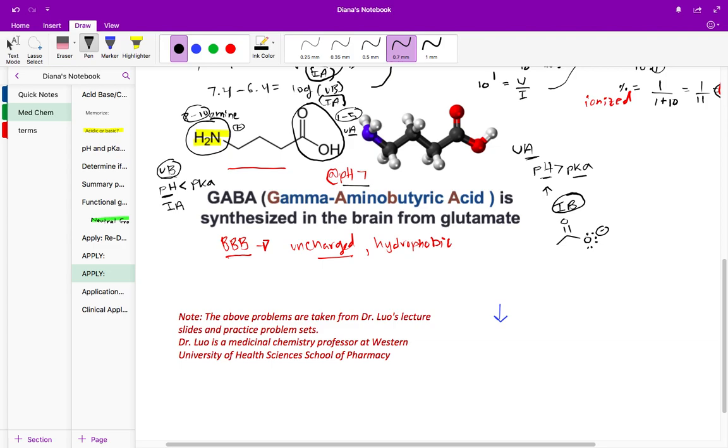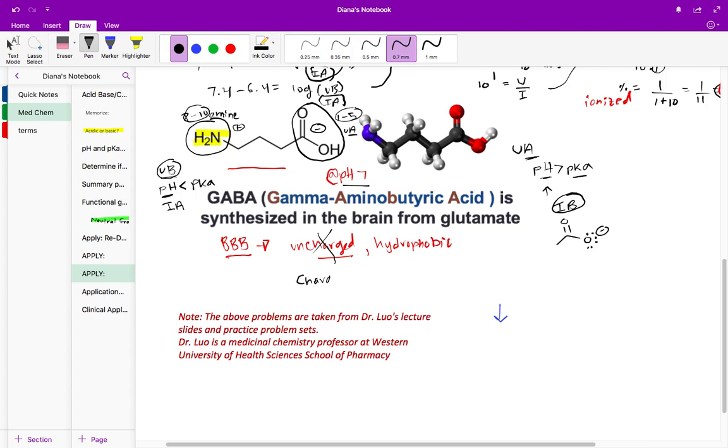So overall, the amine part is going to be positively charged, primarily ionized, and the carboxylic acid part is going to be primarily ionized with a negative charge. So this is clearly not an uncharged molecule. This is pretty charged, right?